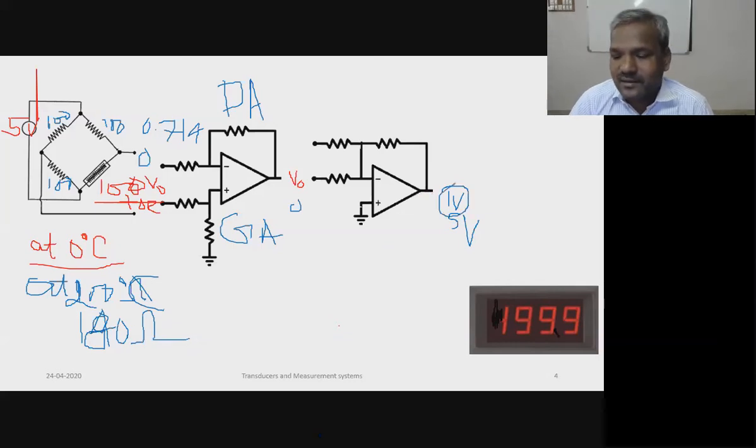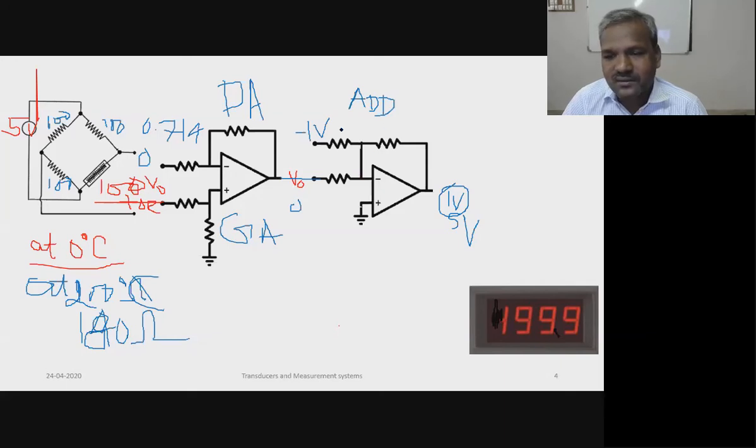Anybody in the chat window? No problem. I will tell. This is nothing but an adder. You are studying operational amplifiers, right? So this is a simple adder. So we should add minus 1 volt at this terminal. So at 0 degrees Celsius, this V naught is 0.